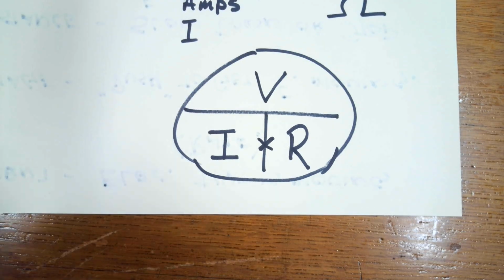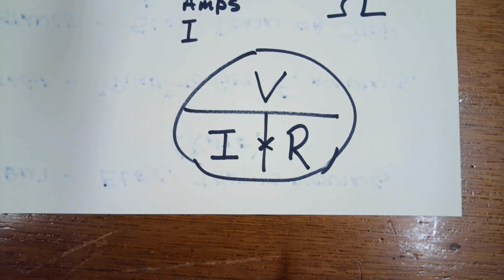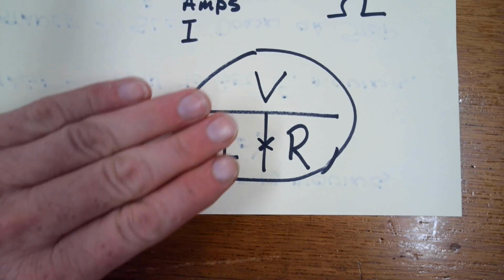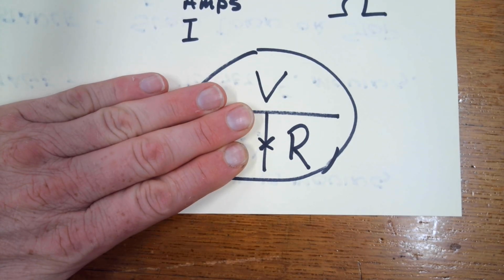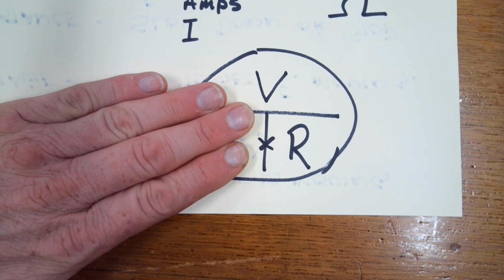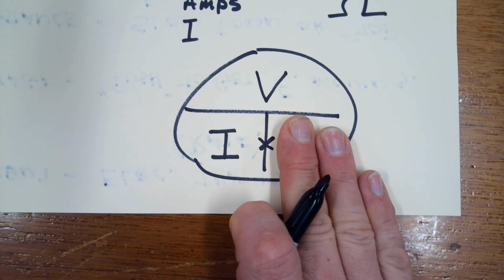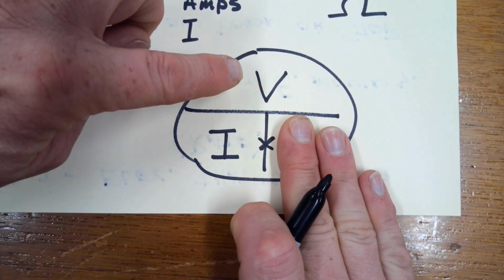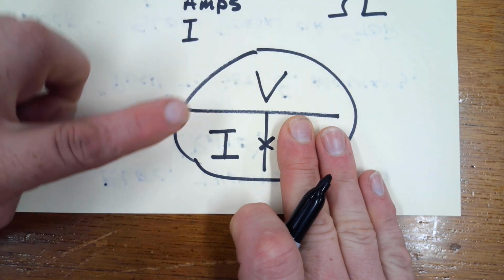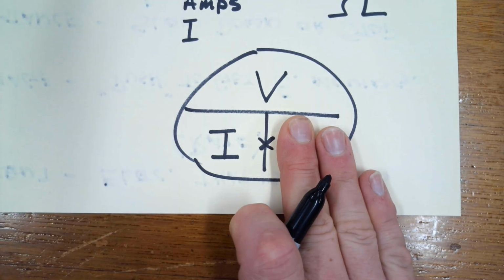If I am trying to figure out how much amperage is in a circuit, I cover that up, and now I take the voltage and divide it by the resistance. Same thing going that way. If I need to find the resistance that's in a circuit, but I can measure the voltage and I can measure the amperage going through it, I just divide those two out.